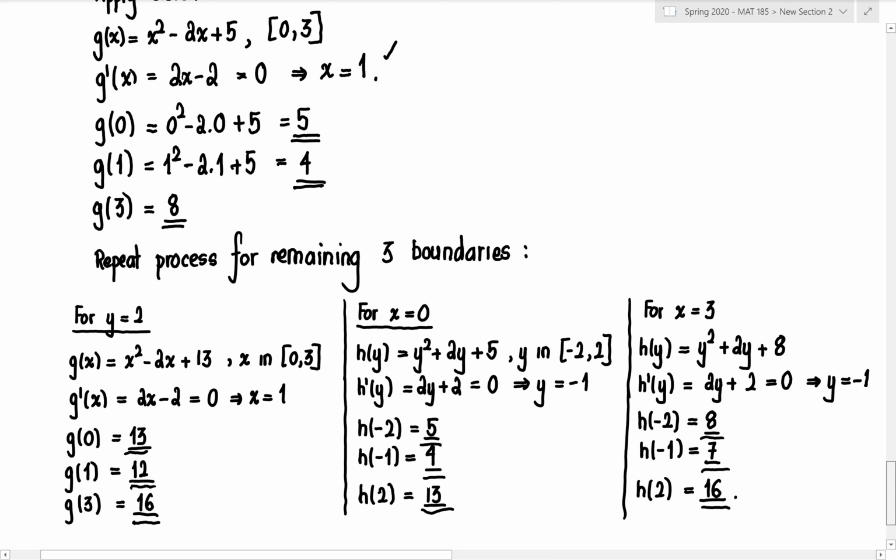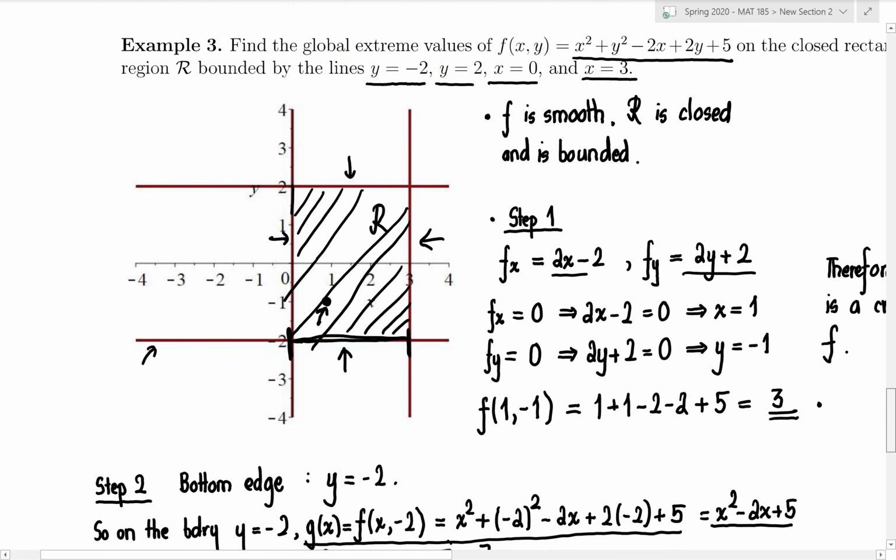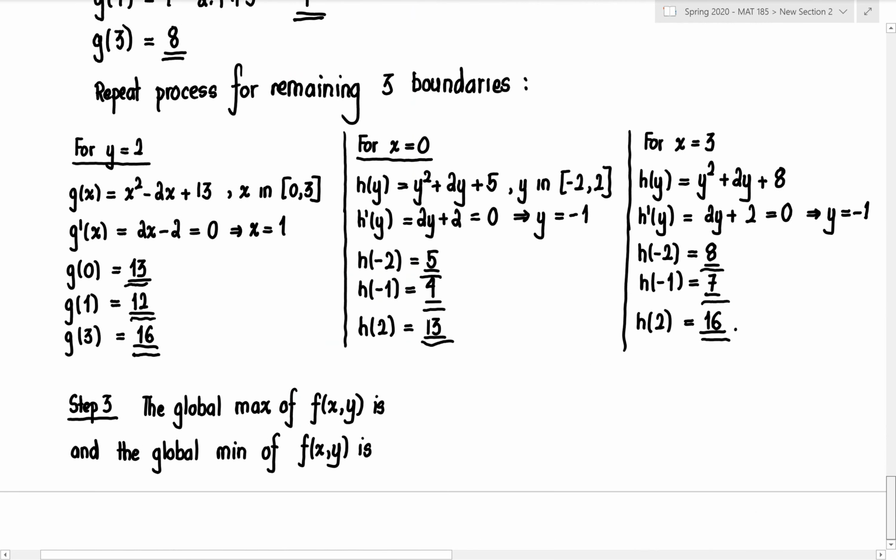So now your function becomes a function of a single variable, but in this case it's y. If you look at the region, we're on this line where x is equal to 0, and y takes on values between 2 and -2, and that's exactly what we have here. Again, we have a polynomial on a closed interval, so the same process applies. And you're going to do the same thing for the right edge, which is going to give you these three values.